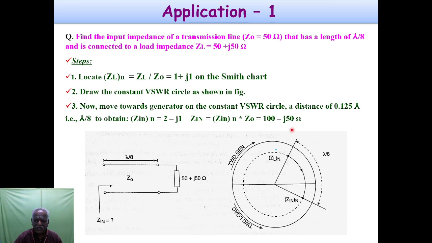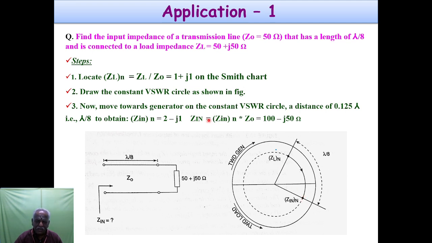Towards the generator we are moving lambda by 8 distance, and we are cutting at this point. Correspondingly, this is the point where you have to mark the input impedance. On the constant VSWR circle you find the intersection of the constant VSWR circle and this line which you have drawn just now.